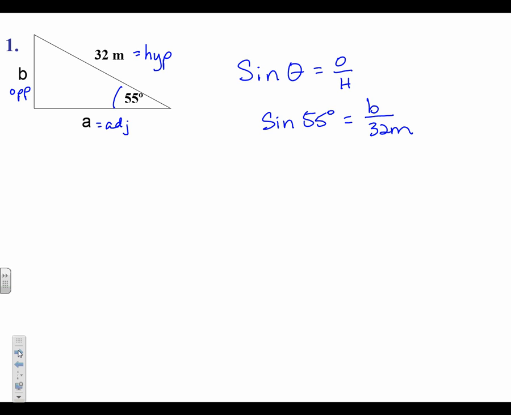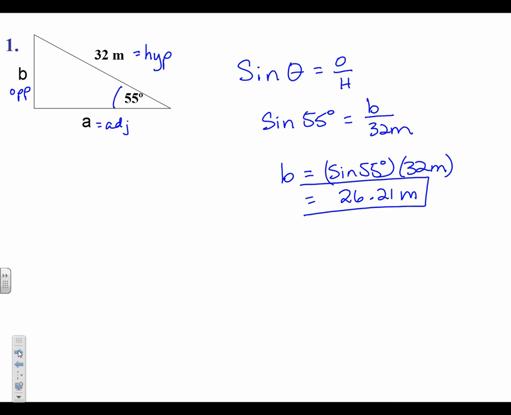On my calculator, I would type that literally as it's shown: sine, and in the parentheses I type 55, then close my parentheses, and multiply that by 32. That gives me my B by itself, because B would be sine 55 degrees multiplied by 32 meters. So that would end up with 26.21 meters as my B side.